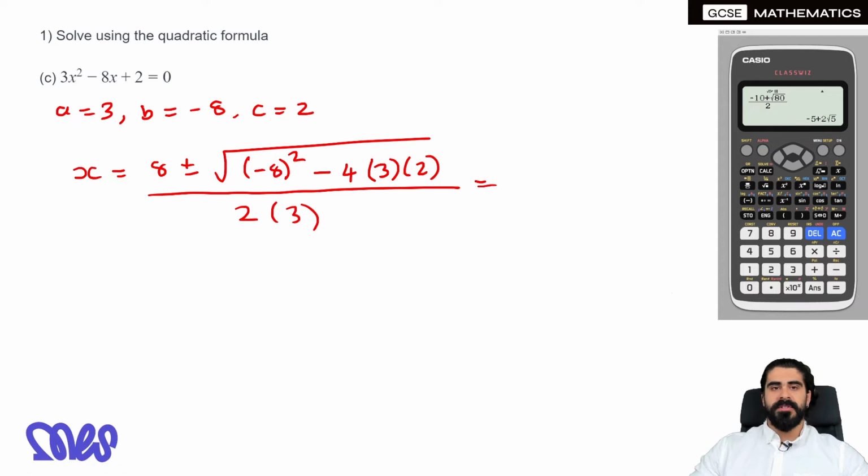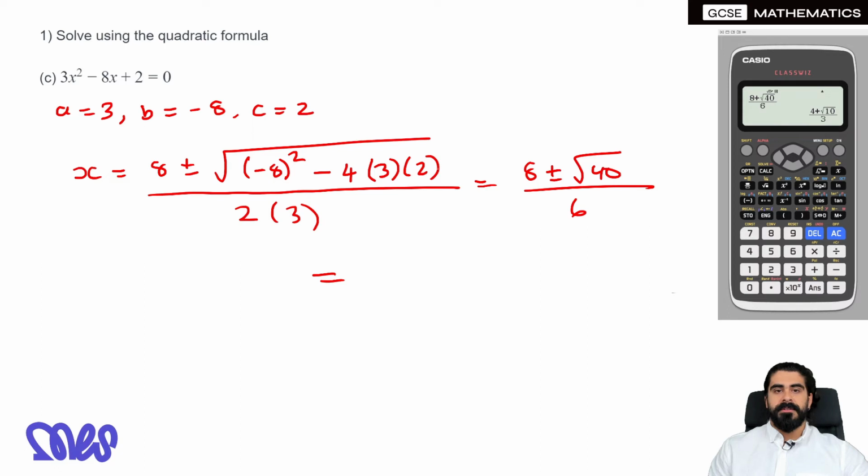Okay, now typing what's inside the square root first, we get 40. So we've got 8 plus or minus root 40 all over 6. And we just type that whole thing in. So we're going to have 4 plus or minus root 10 over 3.